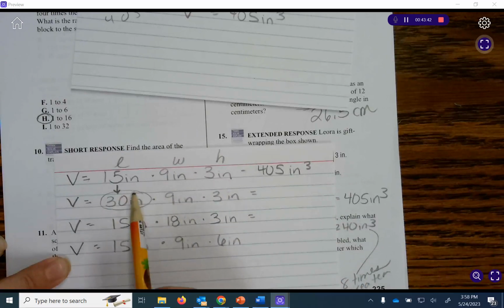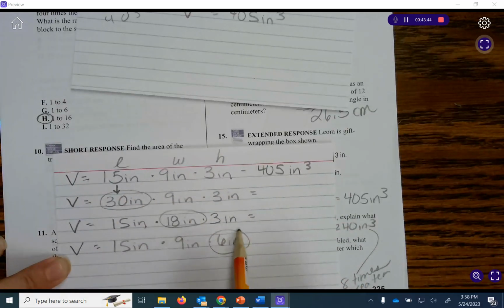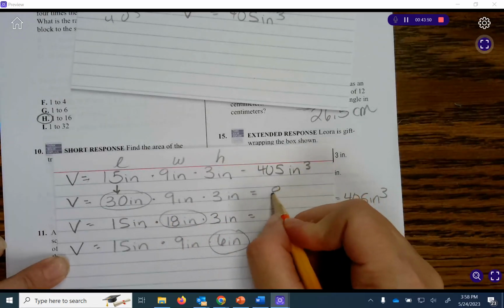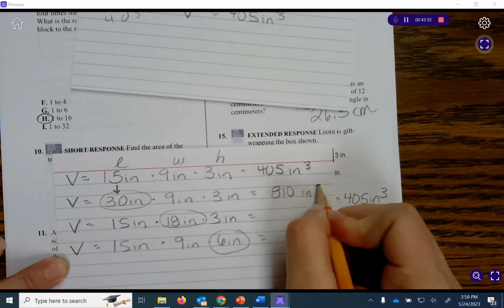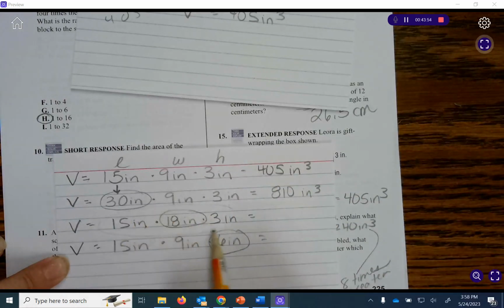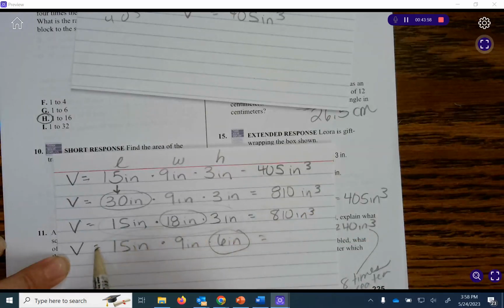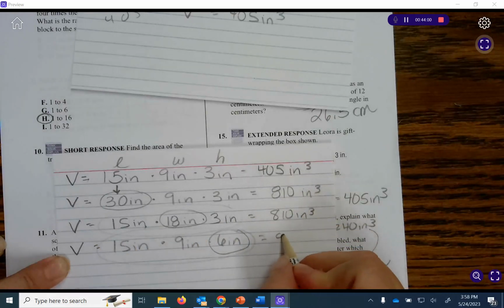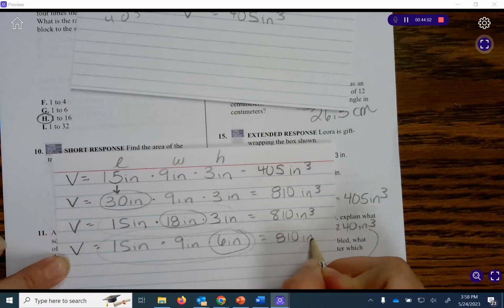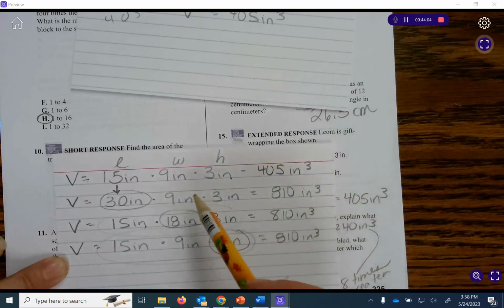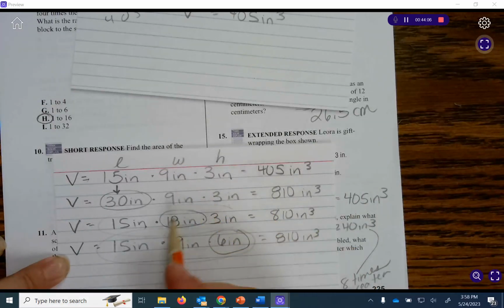So I doubled this one, I doubled this one, and then I doubled this one, but the others stayed the same. All right, when you multiply each of these together, you get 810 inches cubed. And when you double just one dimension, it doubles the volume.